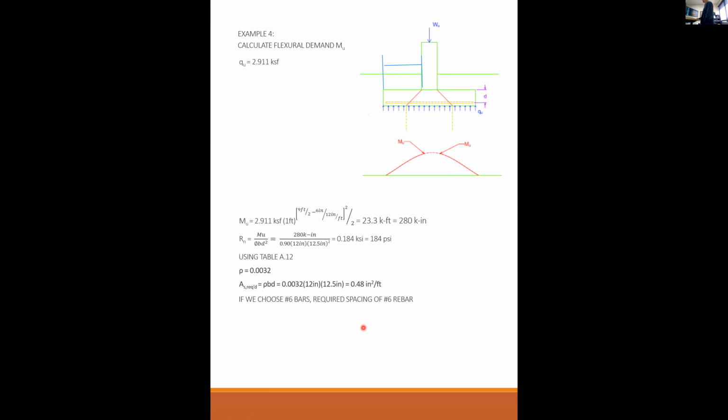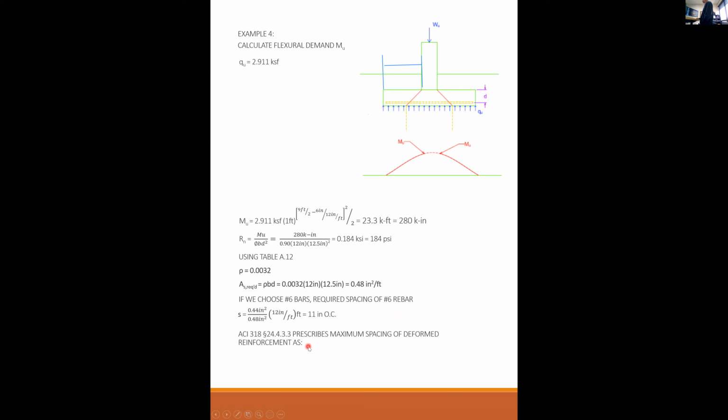If I go with a number 6 bar, then the required spacing of the number 6 bar is equal to the area of the bar over my demand times 12. So area of a number 6 is 0.44 over my demand of 0.48 times 12, and I get 11 inches on center.